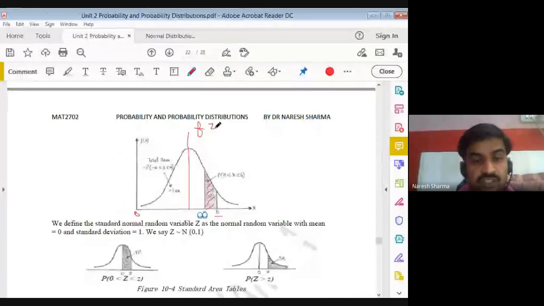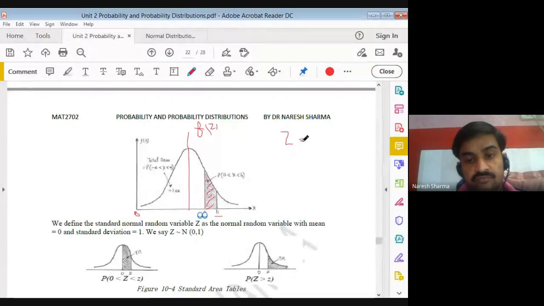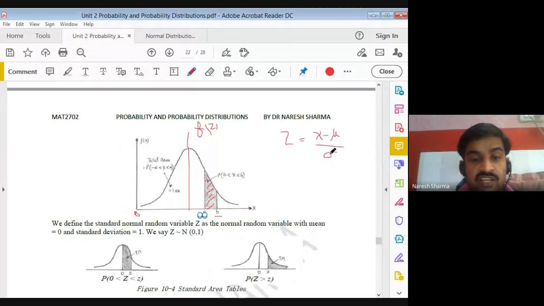Here we use the substitution z is equal to x minus mu divided by sigma, where mu is the mean of the x variable and sigma is the standard deviation, and these are the x values. For shifting into the z variable, we use this formula.